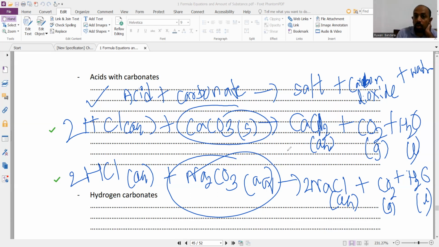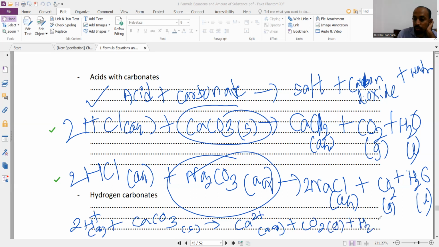Right. So I write the answers. First one, the ionic equation is 2H+ plus calcium carbonate solid gives you Ca2+ aqueous plus CO2 gas plus water.